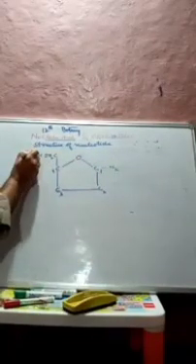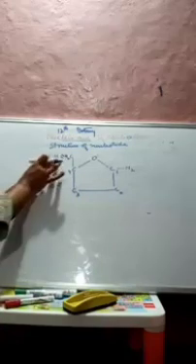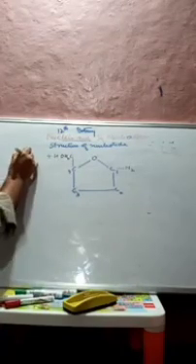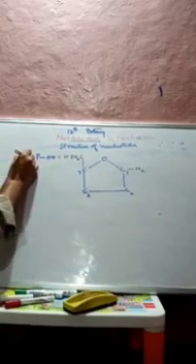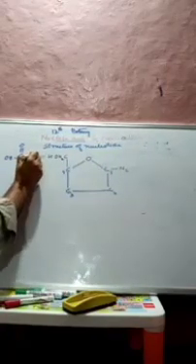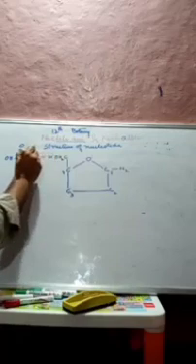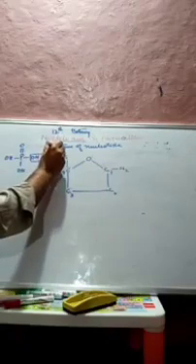And this phosphoric acid is attached at the fifth carbon of this pentose sugar: P, OH, OH, OH, and this is a double bond O. Now, what happens? This H and OH combine together and get eliminated in the form of water.